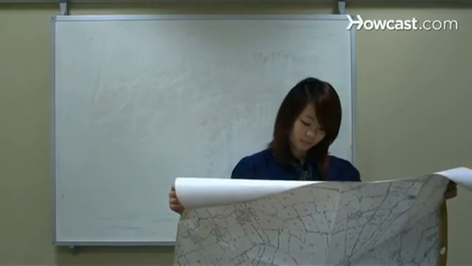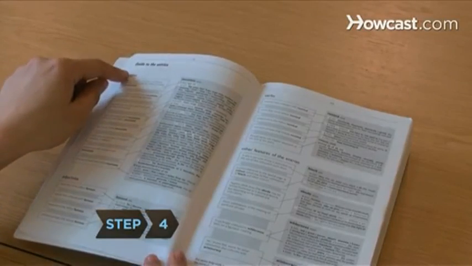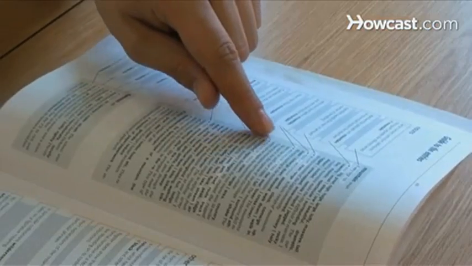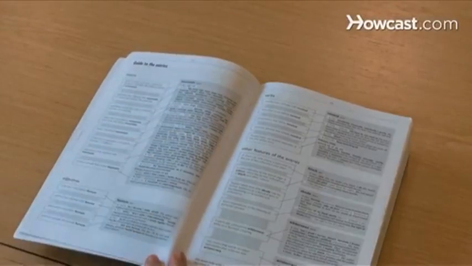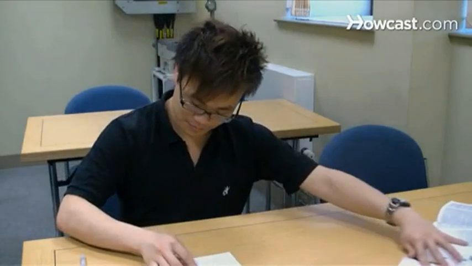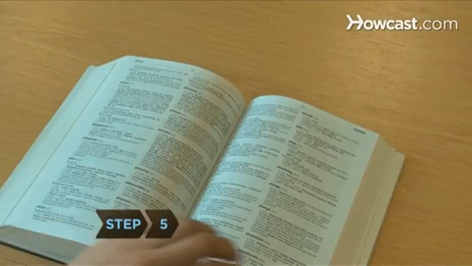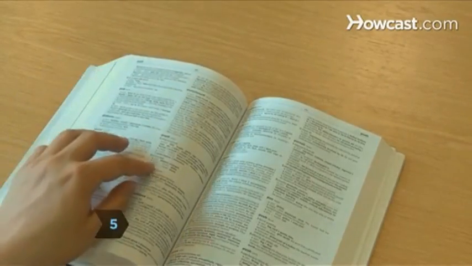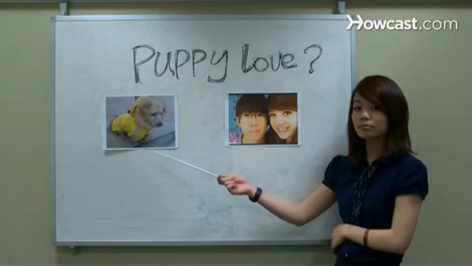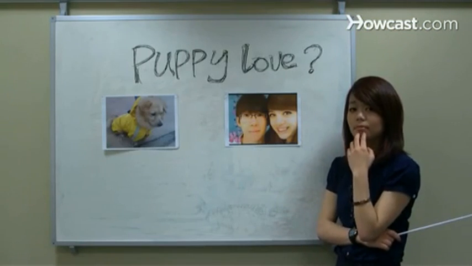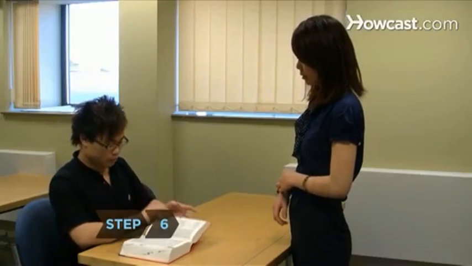Abbreviations may be used for academic fields, stylistic or geographic designations, and etymologies. Step 4. Consult the front matter for a list of spellings that can produce a similar sound if you know the pronunciation of a word, but not the spelling. Then check alternate spellings of the word until you find it. For example, the sound of K in the word kick is identical to the sound of C in call. Step 5. Make sure the definition of the word you are looking up matches the context in which the word was used where you saw it. Words in the dictionary may have more than one meaning, so you shouldn't settle for the first one listed. Step 6. Consult the dictionary's front matter for a list of pronunciation symbols. Try saying the word after you look at the pronunciation key.